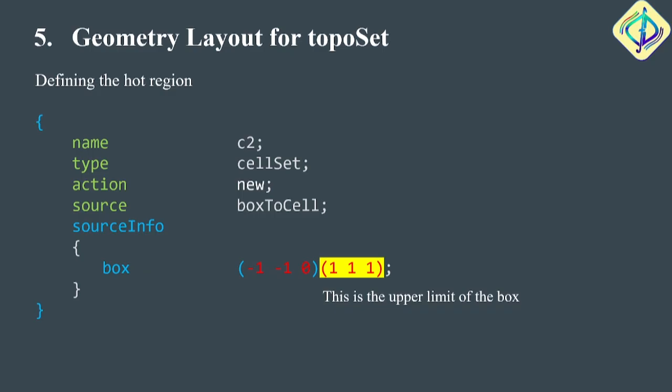Okay. Now, if you are using the bounding box or this box to cell and you want to engulf the entire domain, okay, so you can go beyond the specified limit or beyond the boundaries that you have already set using blockMesh.